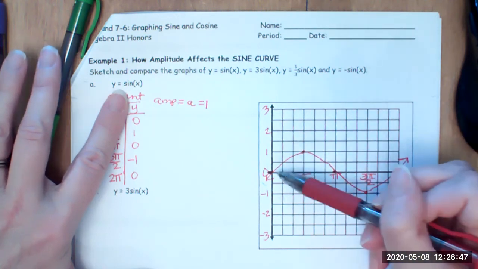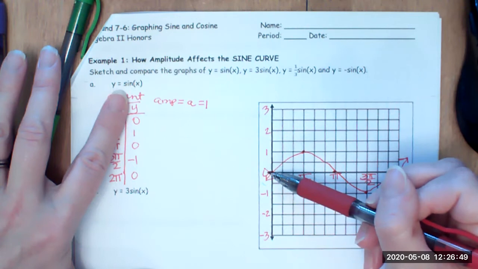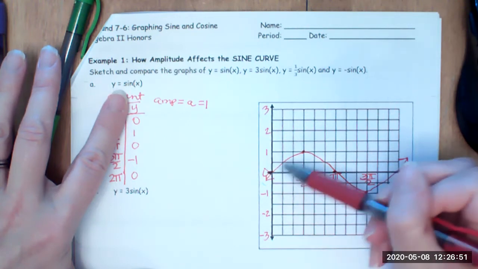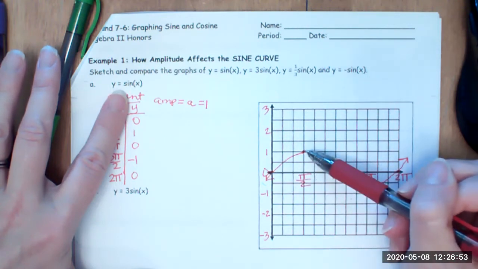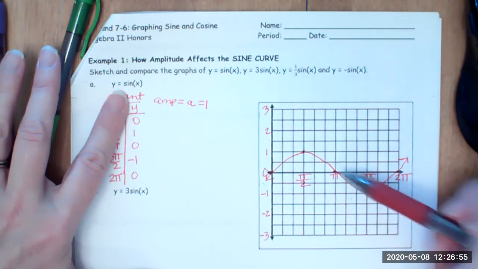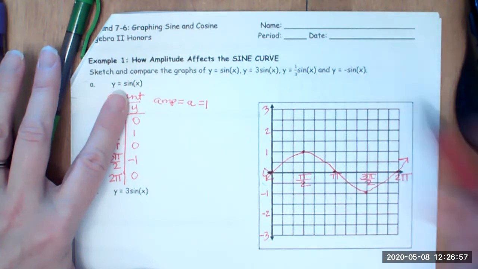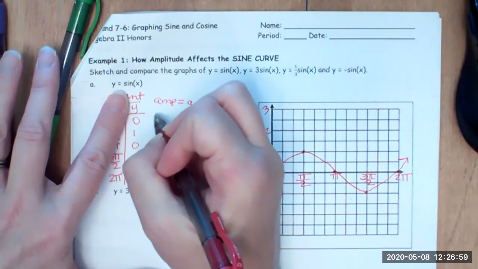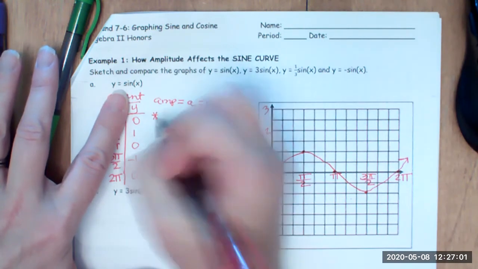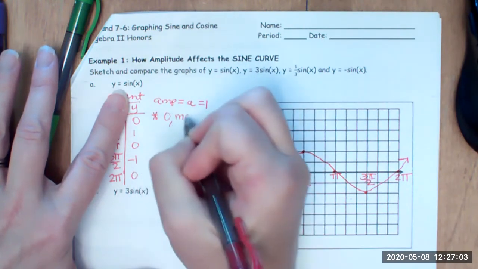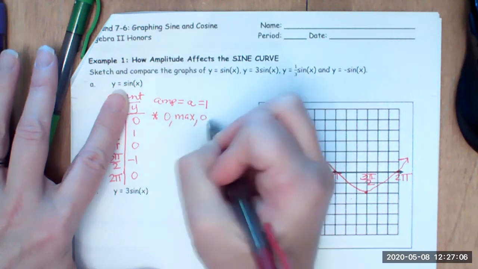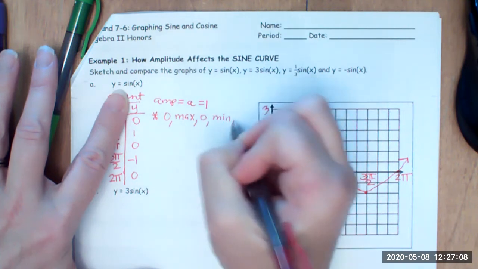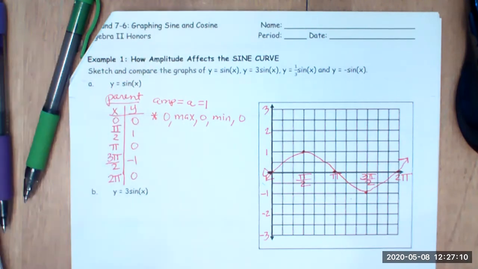So basically, you start off the graph at 0, then the graph goes to a max, then back to 0, then a min, and then to 0. So you're basically at 0, max, 0, min, 0. Okay, that's the general pattern here.